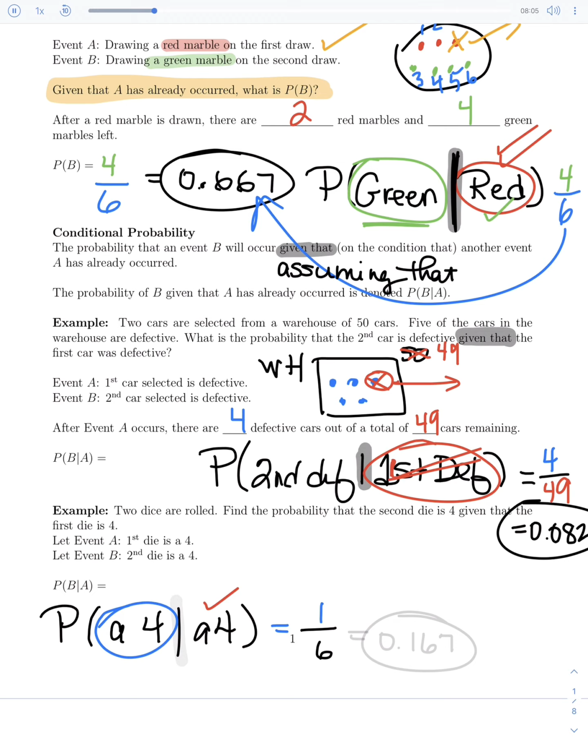So you'd still do 1 out of 6, which is a probability of 0.167. And the reason why nothing changes with a die is because you don't pull something off of the side of a die. It stays the same. You can't change the conditions of a die.